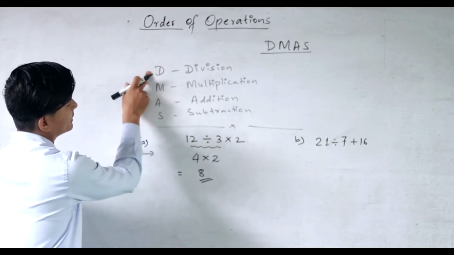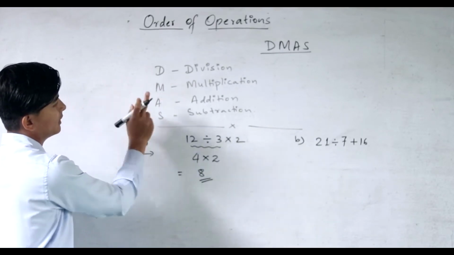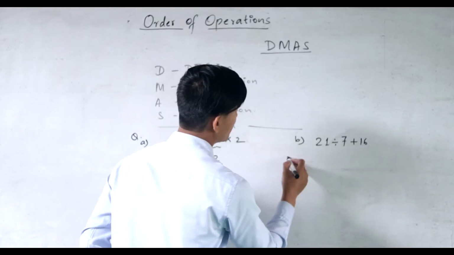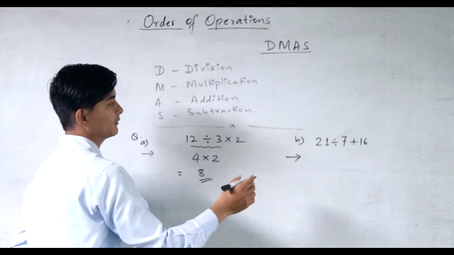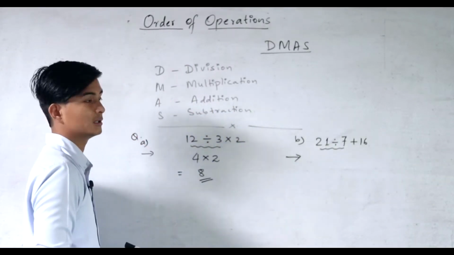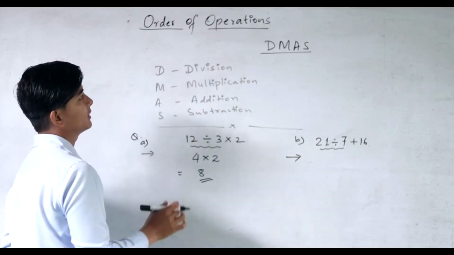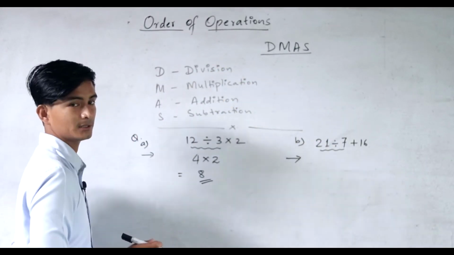So if there is division, addition and subtraction, that means we have to skip this one and go into addition. So similarly you can see here also we have got one division and addition. So here also we have to do division first, because D is in the first place, right?